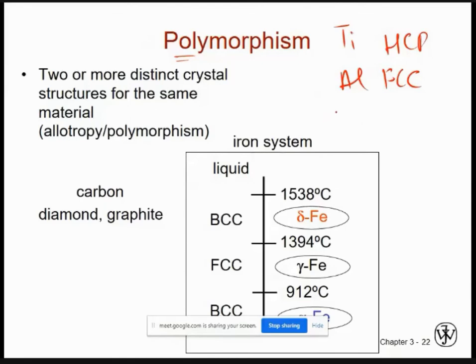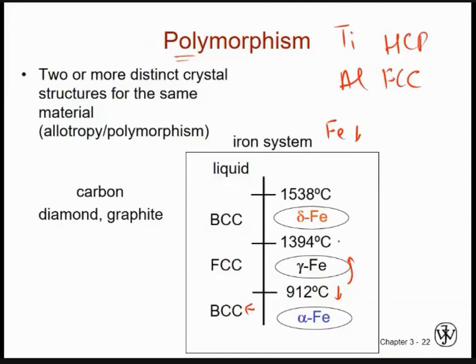But some elements have more than one crystal structure, such as if you look at your iron over here. So iron, if it is under 912 degrees Celsius, iron will be BCC. So iron has BCC crystal structure. If you heat iron above this temperature, it will transform to FCC.